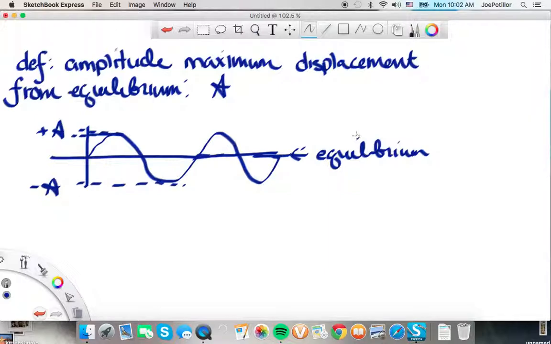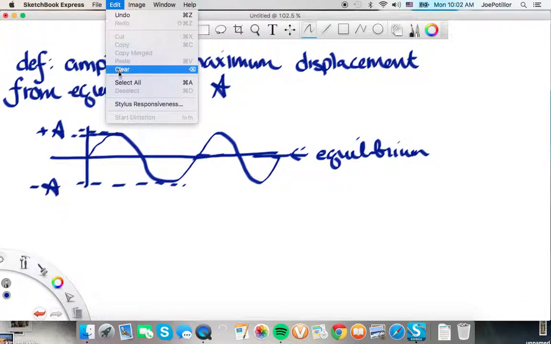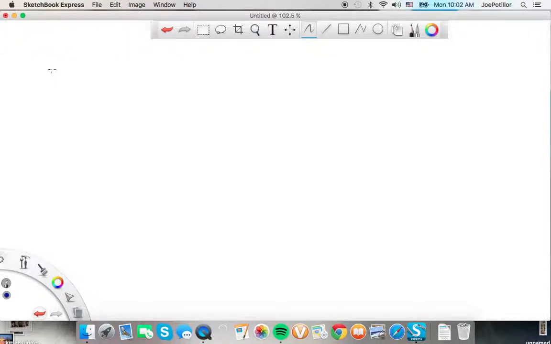If I draw a vertical spring, for example, this is my equilibrium position. The spring without mass attached to it in the vertical situation is just at its natural position.